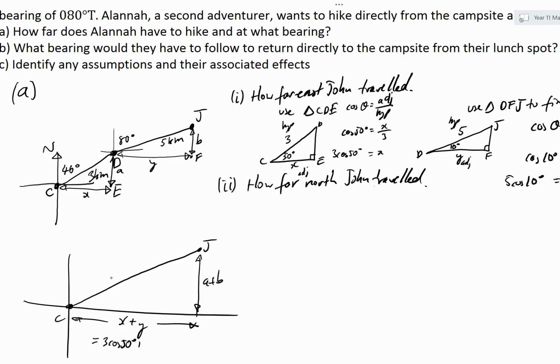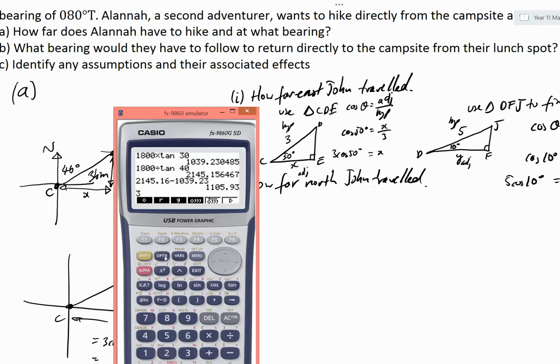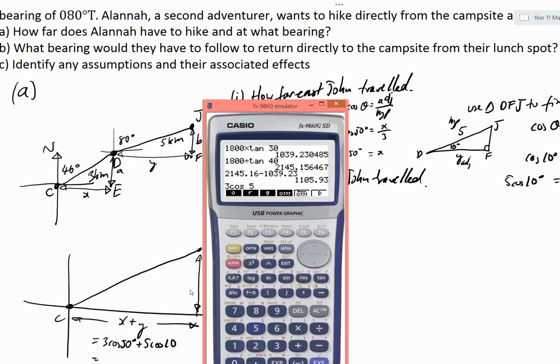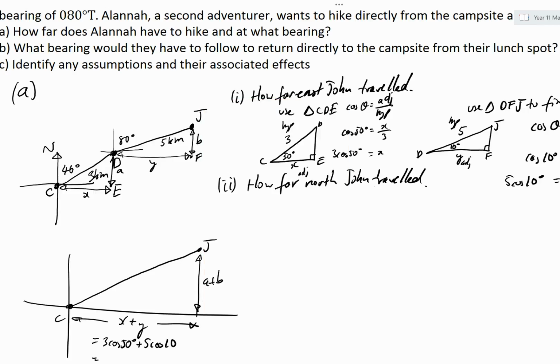Cos 50 plus 5 cos 10. Okay, put that in the calculator. Okay, 6.85.